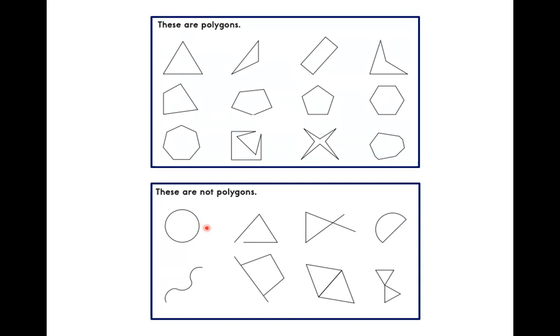It's not a polygon because it has curves, right? There's no straight sides. The same as this squiggle line, right? A squiggle line is definitely not straight. And then we know that this right here, this triangle, it has 3 straight sides, but oh, there's an opening. It's not closed. These are not polygons.